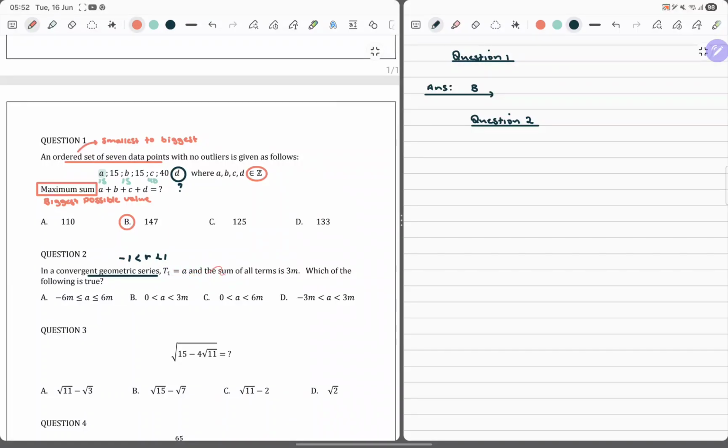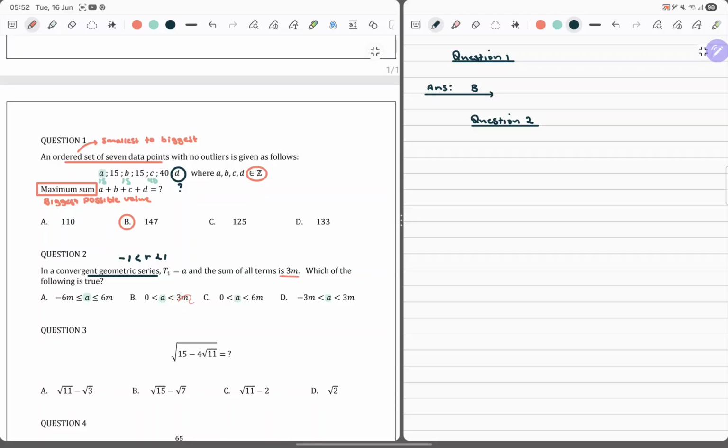Now T1, which is A, and the sum of all terms is 3m. Now which one of the following is true? We can see that this is all regarding the possible values of A. What helps, guys, is to always look at the options so that you can gain an idea of what is expected of you in a particular question.